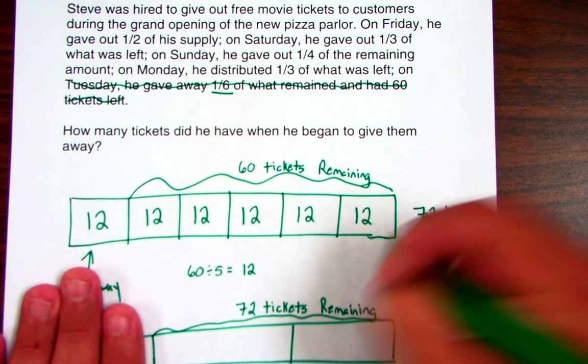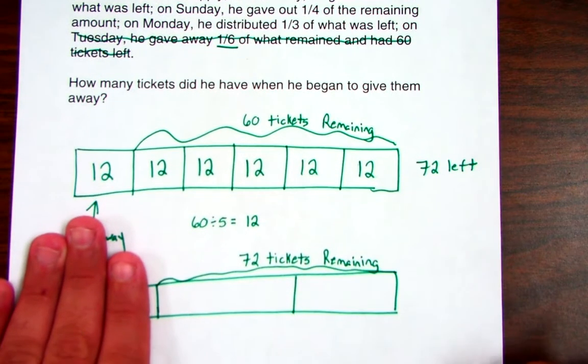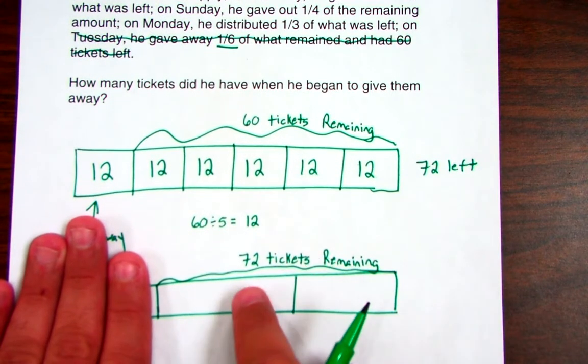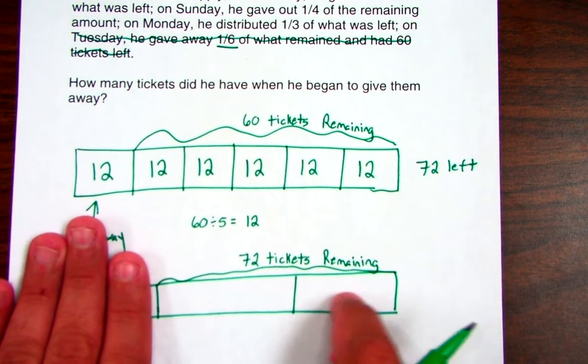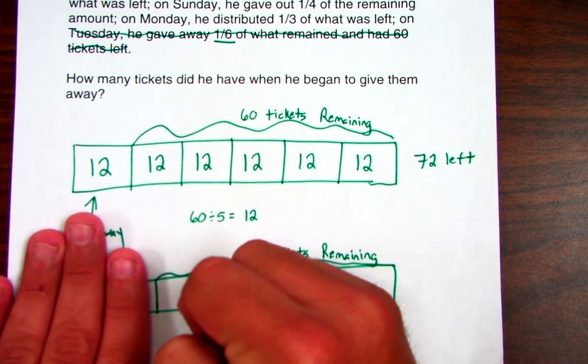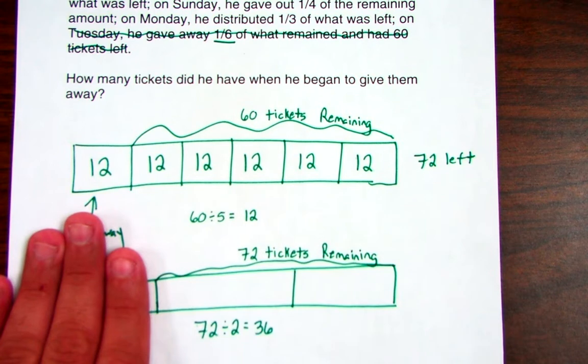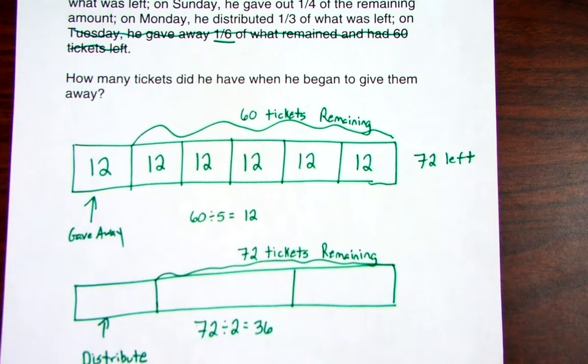Notice how we are building from this answer goes to the next piece and so forth. So 72 tickets, and I have to split that between these 2 boxes because that's how much was remaining. So 72 divided by 2 is 36. Each box has 36.